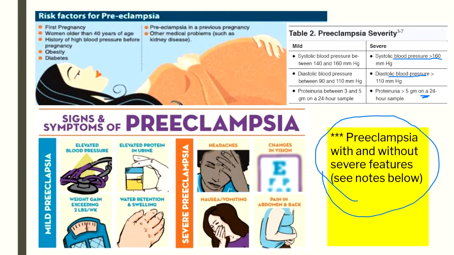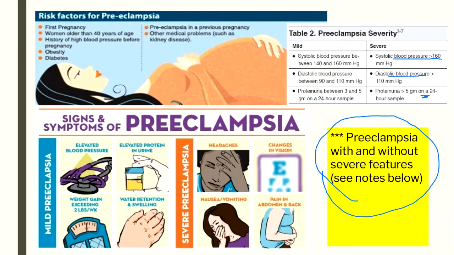Those are all signs that she's going to report. That'll lead you to think, let me take your blood pressure because you might have preeclampsia. In addition to taking her blood pressure, you're going to check to see if there's protein in her urine. You're going to check her weight, and you're going to do DTRs, deep tendon reflexes. I'm going to tell you why in a second.